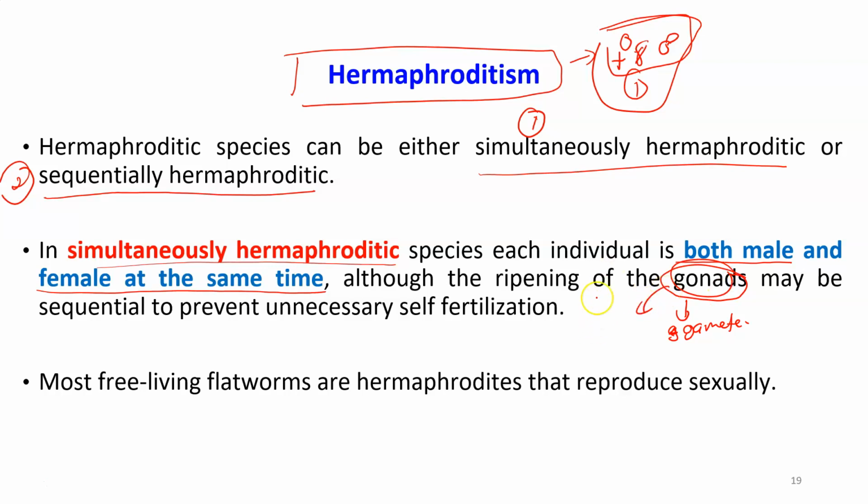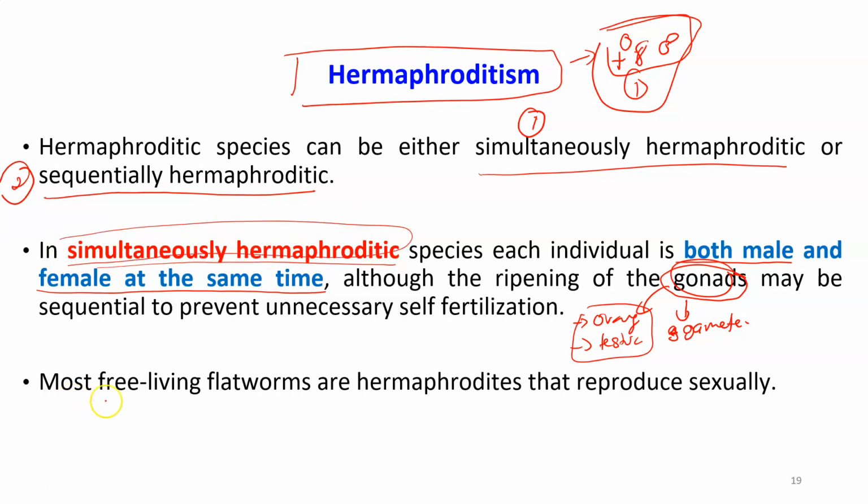The gonad for female is the ovary, and for male it is the testis. The organism will have both ovary and testes. The organism can produce both eggs and sperm. So that is simultaneous hermaphroditic.